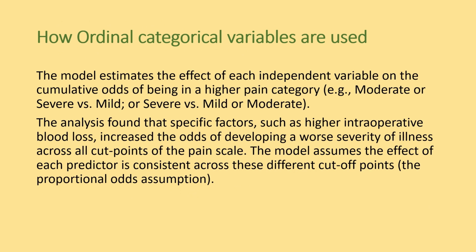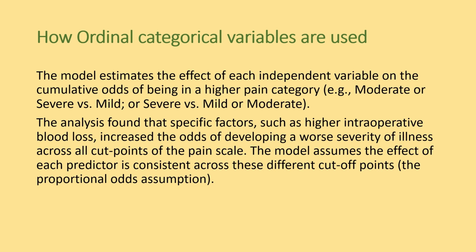How ordinal categorical variables are used. The model estimates the effects of each independent variable on the cumulative odds of being in a higher pain category: moderate or severe versus mild, or severe versus mild or moderate.